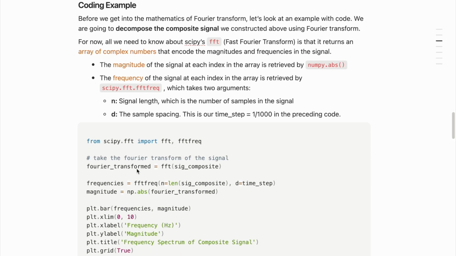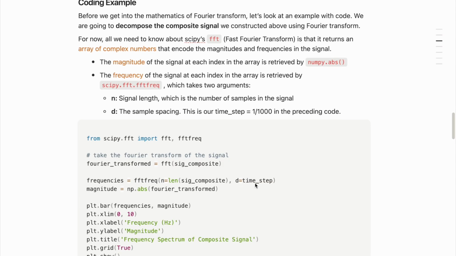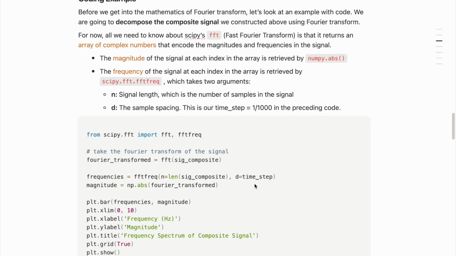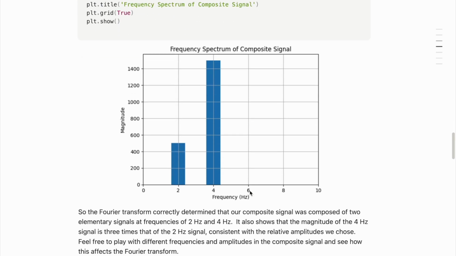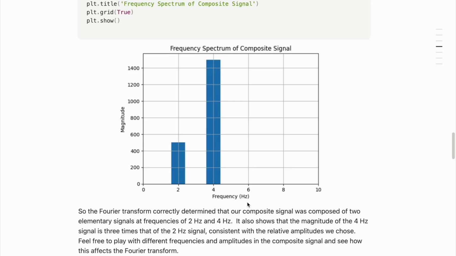And as we discussed before, at each index in this array of complex numbers, we can get the magnitude of the signal by just taking the absolute value, and we can determine the frequency by using this function, which takes the length of the signal, which is 1,000 samples, and the time step between the samples. And we plot that, and here's our frequency spectrum.